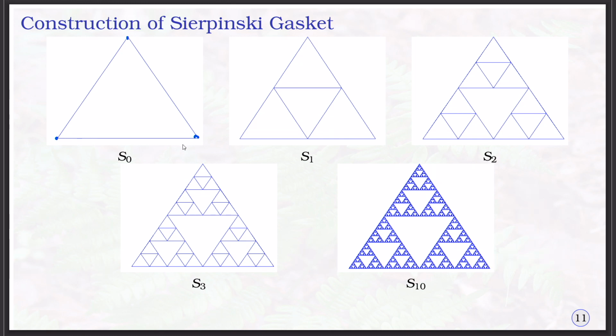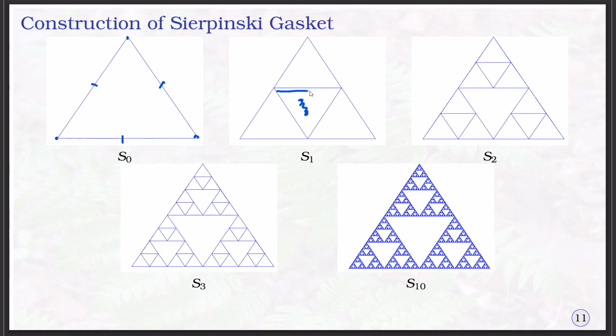Now divide each side into 2 equal parts, take the midpoints, join them, and remove the middle triangle. Then one can get this one.